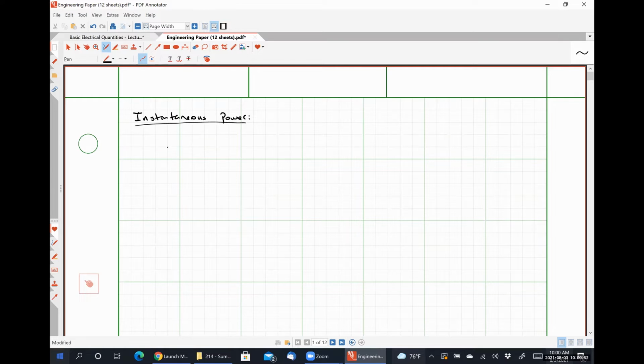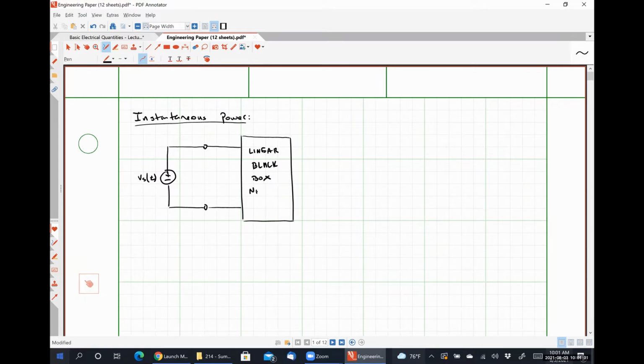Let's say that we have the following generic circuit where we have a voltage source that is supplying a linear black box network, containing potentially resistors, inductors, and capacitors.